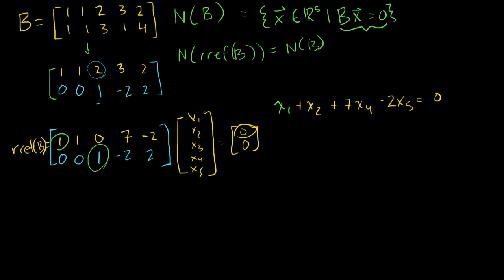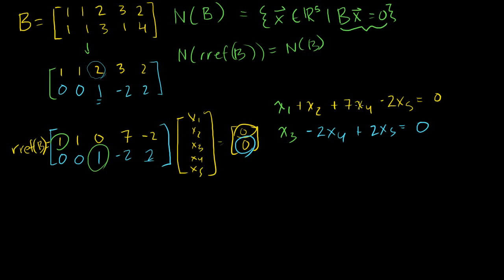And then I get x3, right? 0 times x1 plus 0 times x2 plus 1 times x3. So I get x3 minus 2 times x4, plus 2 times x5 is equal to that 0 right there.